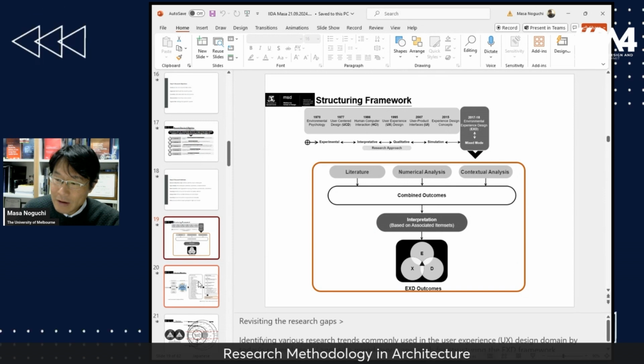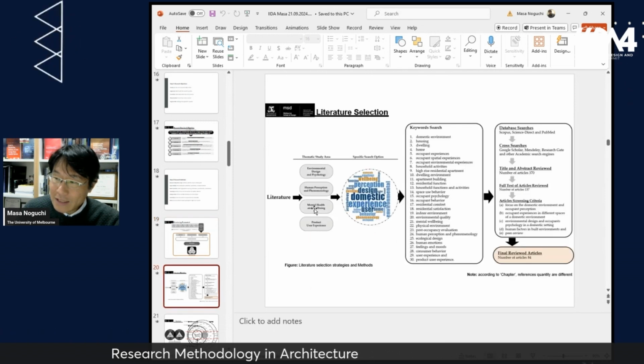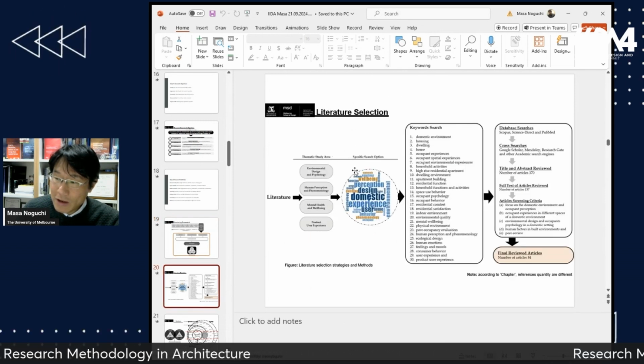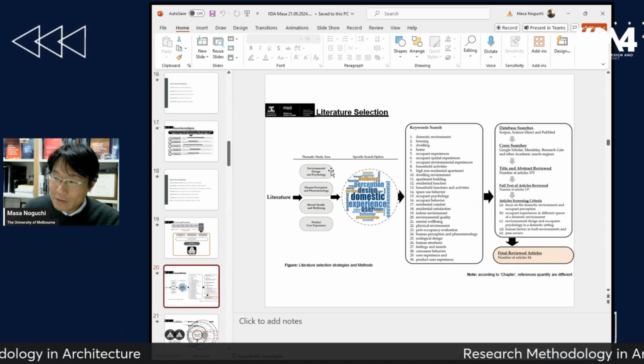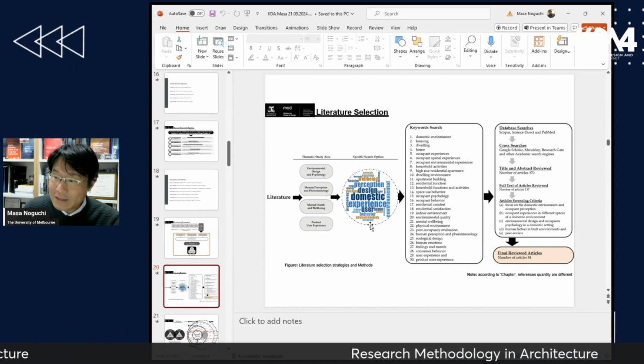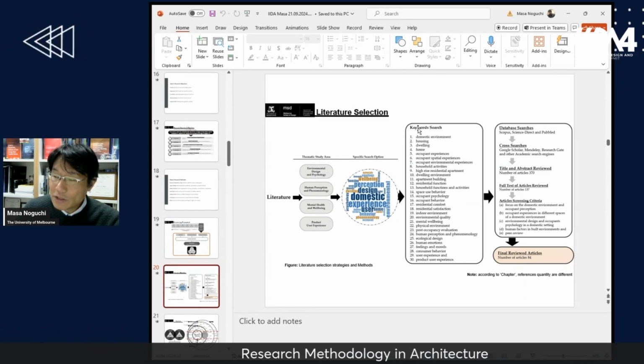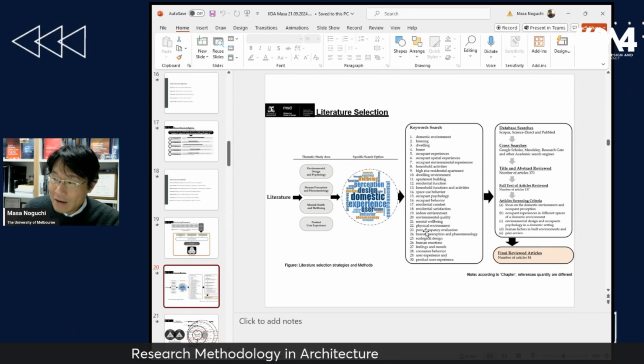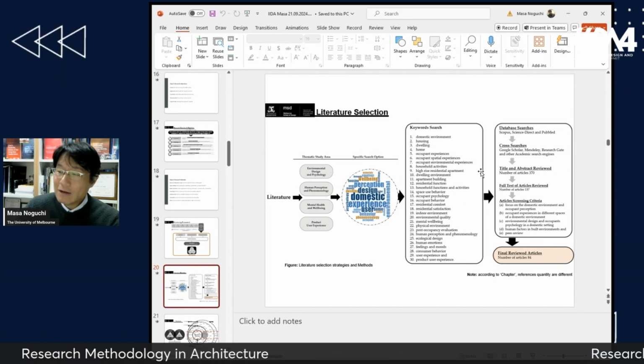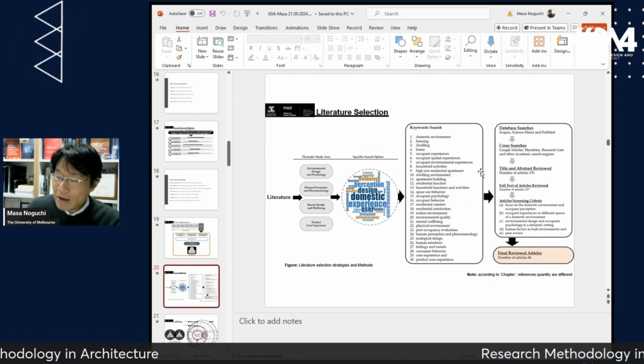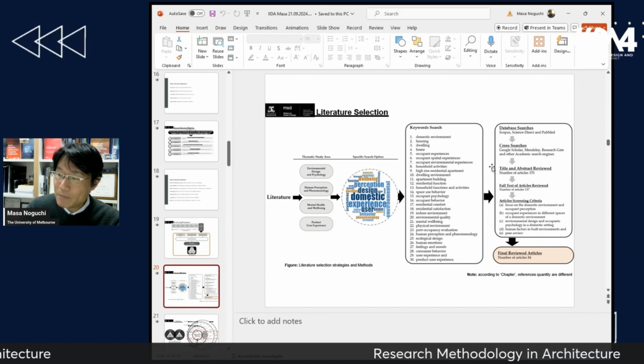It starts with the literature review, collecting a lot of books and references, and using keywords as a filter, narrowing down the number and picking the relevant references.